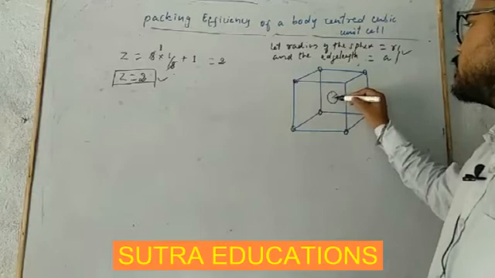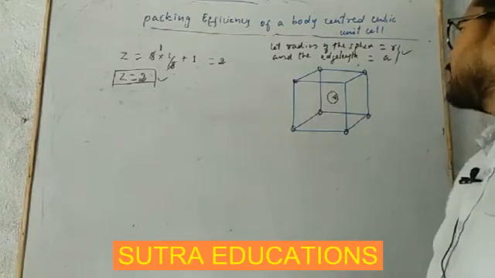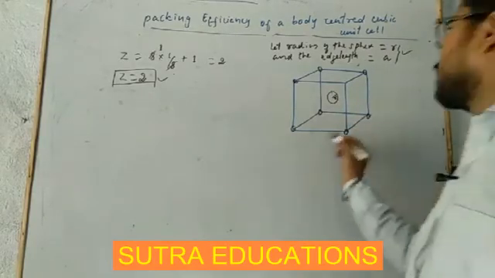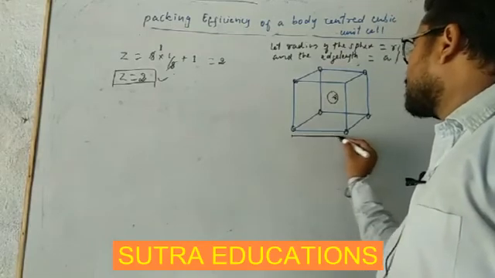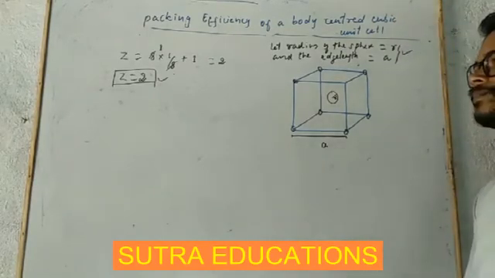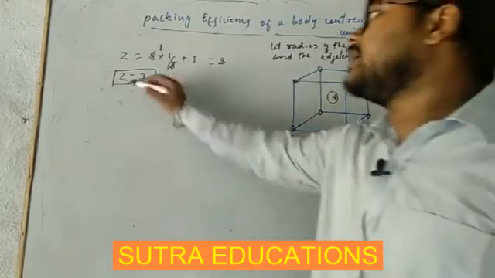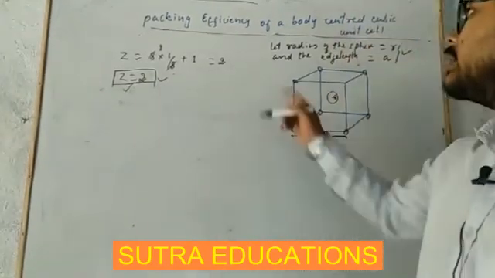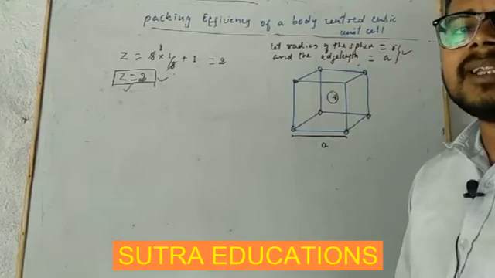This radius we have supposed r, and edge length, this distance, we have supposed a. So we have calculated Z is equal to 2 in case of body centered unit cell.